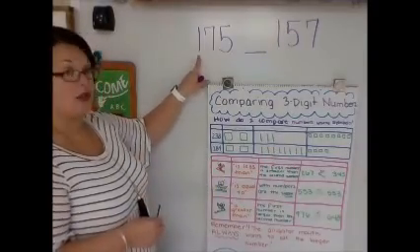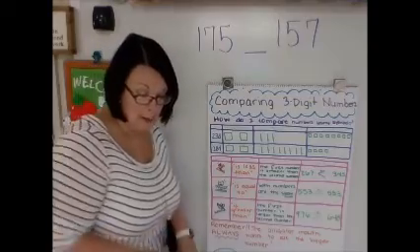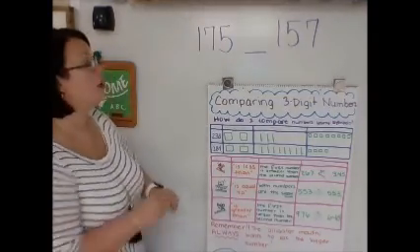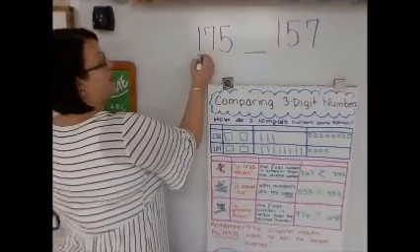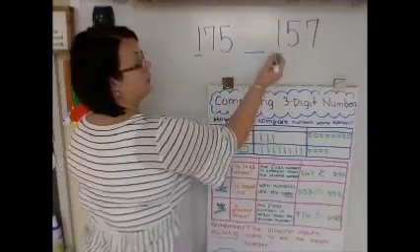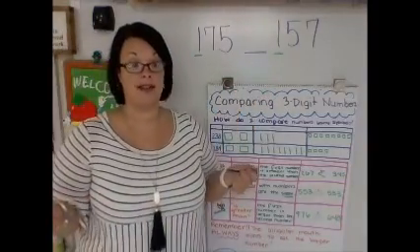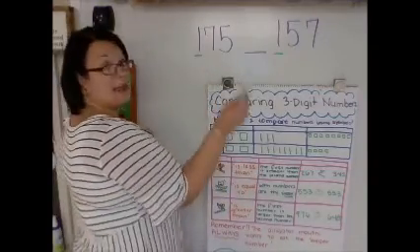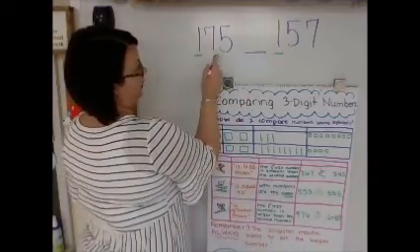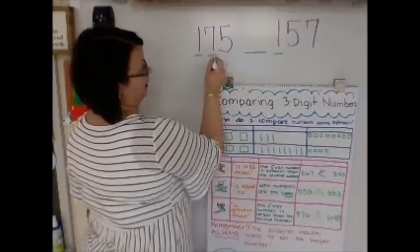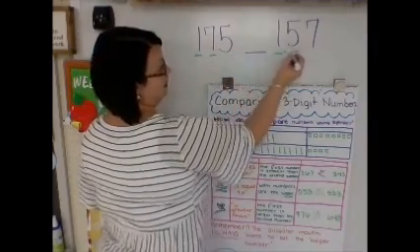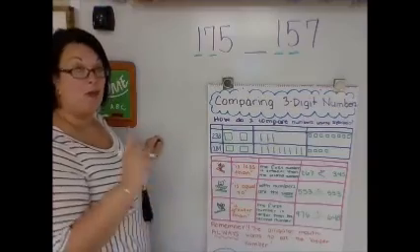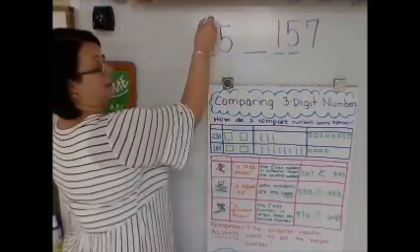Now, the best way to do this when you're comparing numbers is to look at the number in the hundreds place first. So far, in this one, they're both 100. The next thing you should do is keep going this direction. So you want to start in the tens place. Those numbers are not the same, and one of those numbers is bigger.